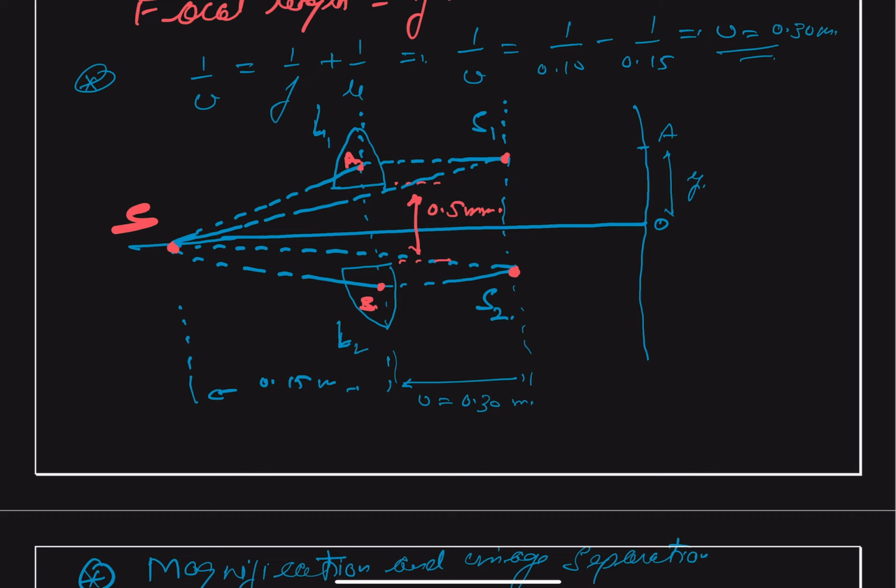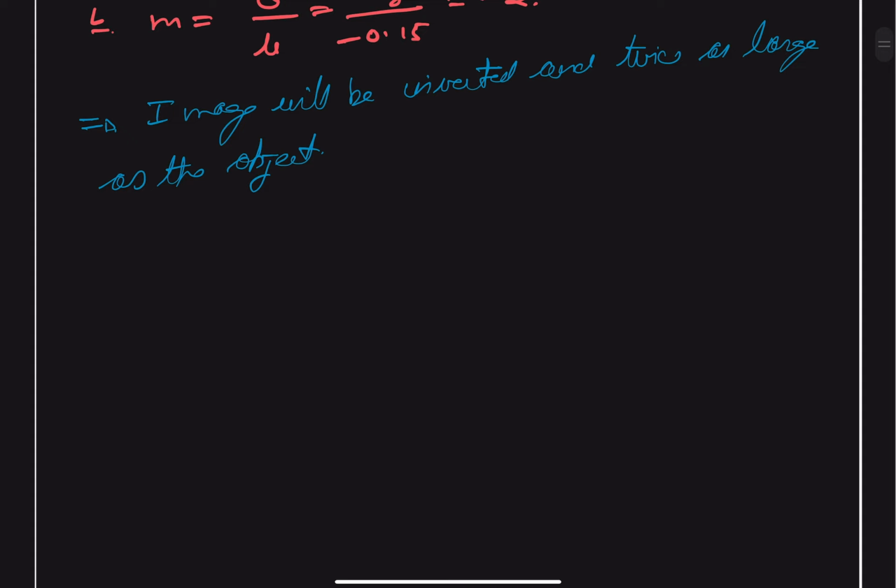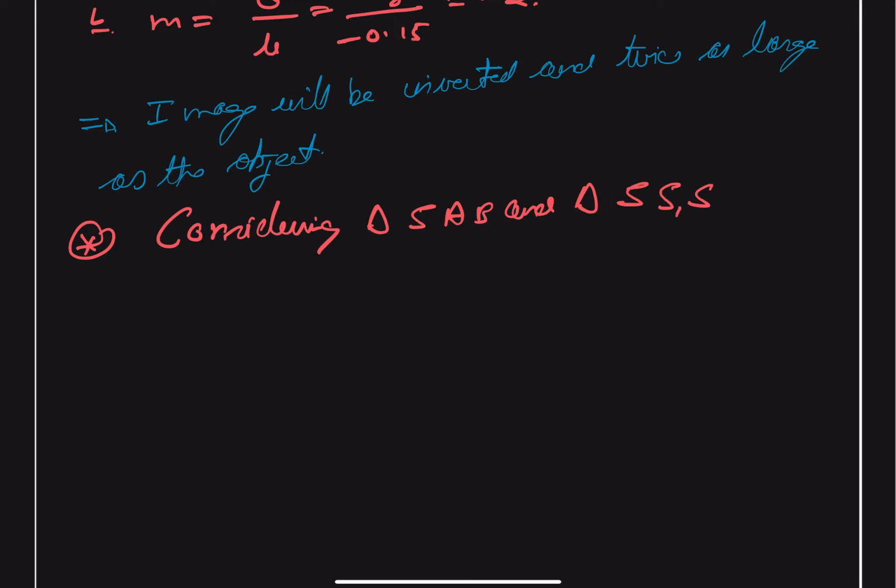Here we can consider two triangles: one is triangle SAB, and another is triangle S1S2.